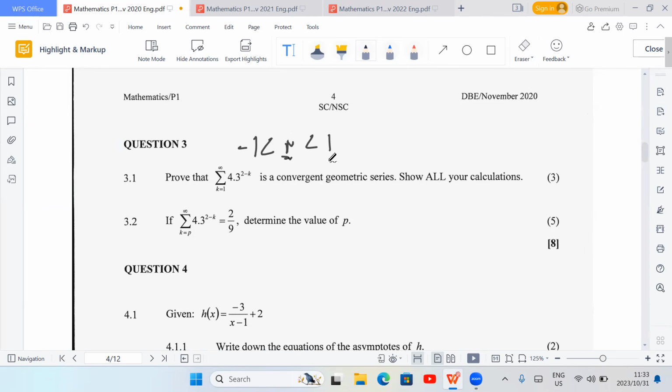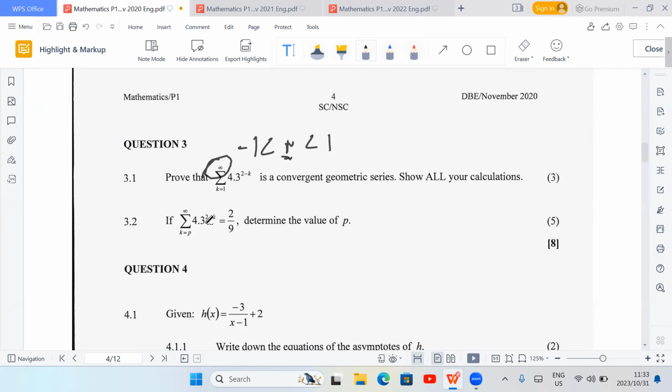So they want you to prove that this is a convergent geometric series. Now for this one, if you can prove that your r is within the values -1 to +1, then you would have proven that. Now for this, you can see that this leads you to a sum to infinity.